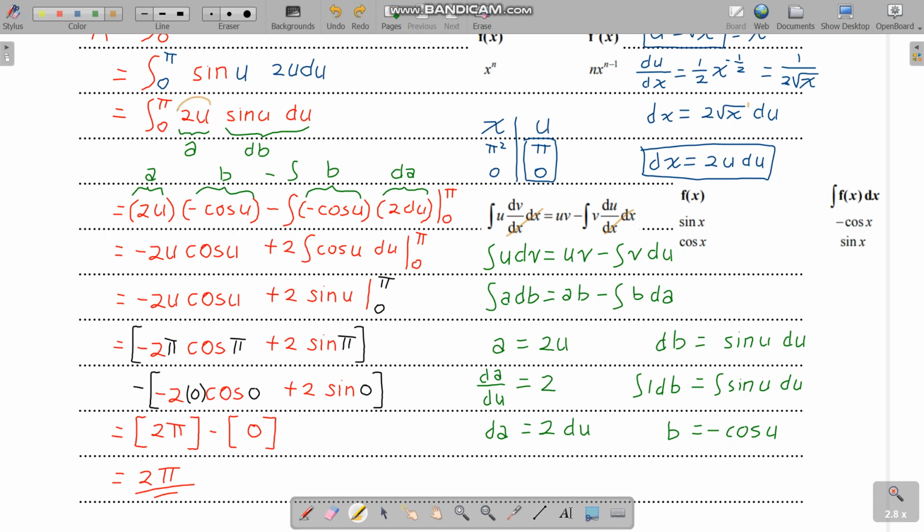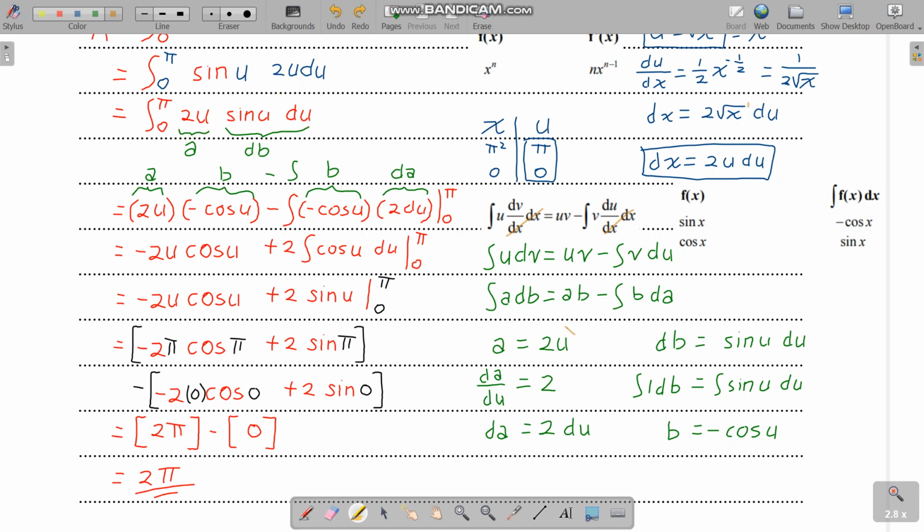Whenever you have an algebraic or polynomial and a trigonometric function, we use the algebraic or polynomial as the u, or as the a in this case. So we differentiate this part and integrate this part.